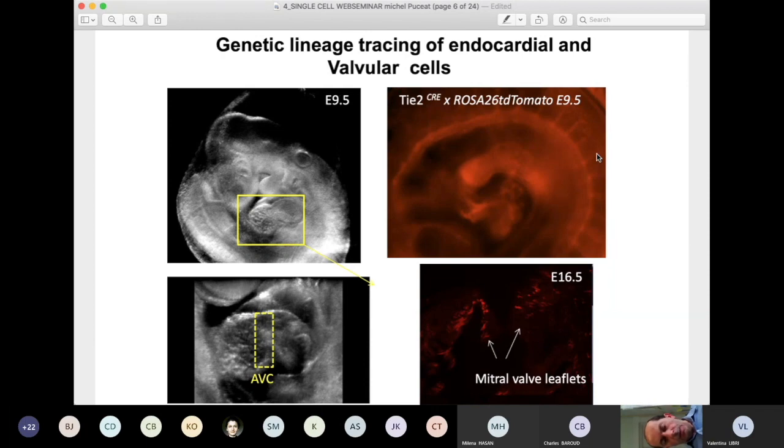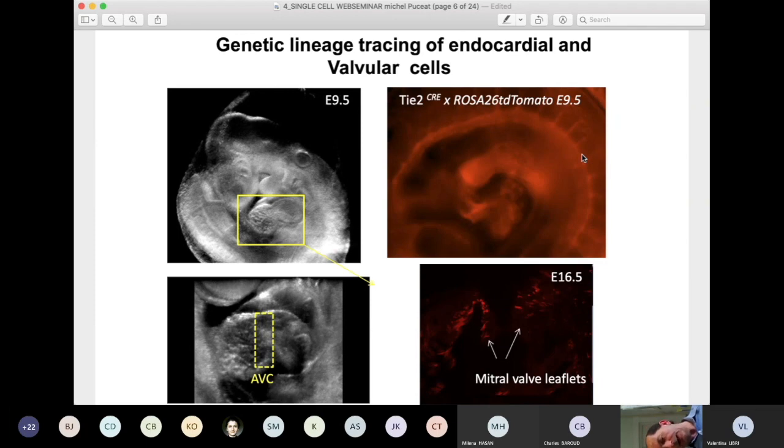And then we can look at different stages of valve formation. The first stage, which I was just talking about a minute ago, is E9.5, when there is only one ventricle and one atrium. You see the atrioventricular canal, AVC, in the picture with this square, that we will be able to dissect out.